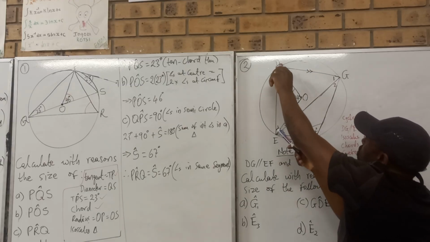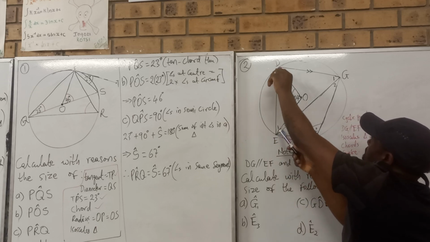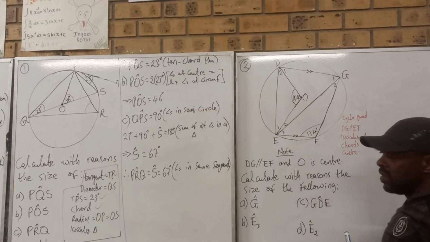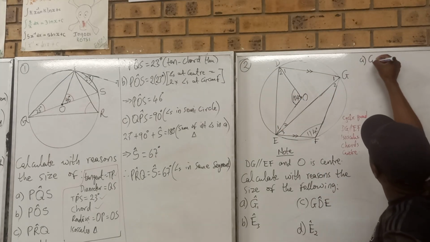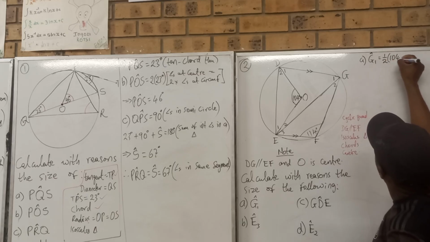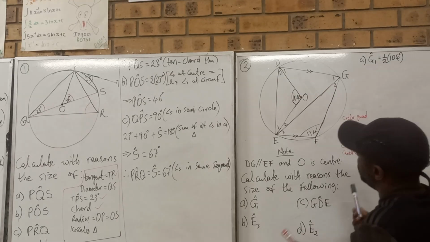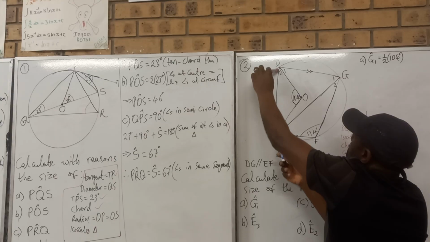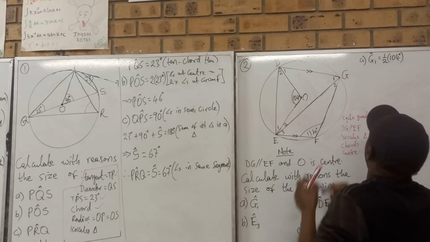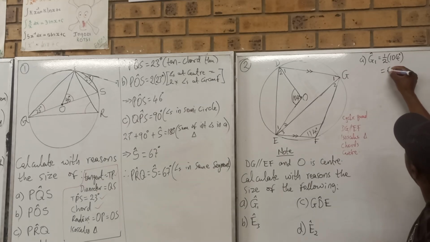With DE as a chord, the angle subtended by the arc at the center must be 2 times the angle subtended at the circumference. So G1 is half of 104, because the angle at the center is 104. Half of 104 is 52.